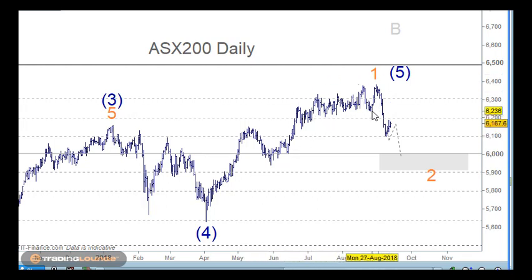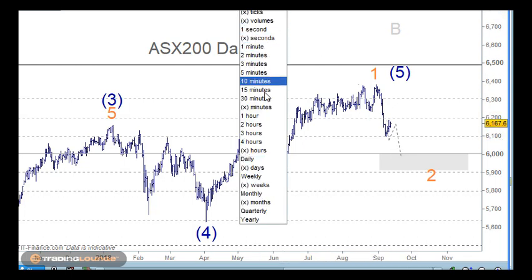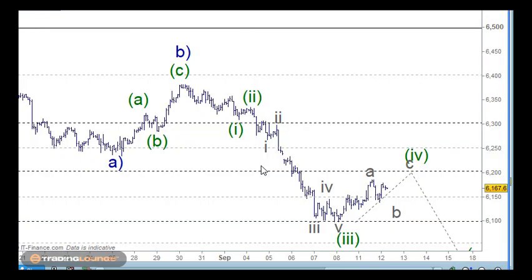In fact, one of the counts that I've got here, or we've talked about wave 1 and wave 5 here, there is another count in which this little move up through here doesn't count very nicely as 5 waves. It counts better as 3 waves. So I'm actually thinking that it's possible for this to be the A wave here, the B wave here, and then we're looking for 5 waves down here for wave C. So just on the 2-hour chart here, I've drawn this out.